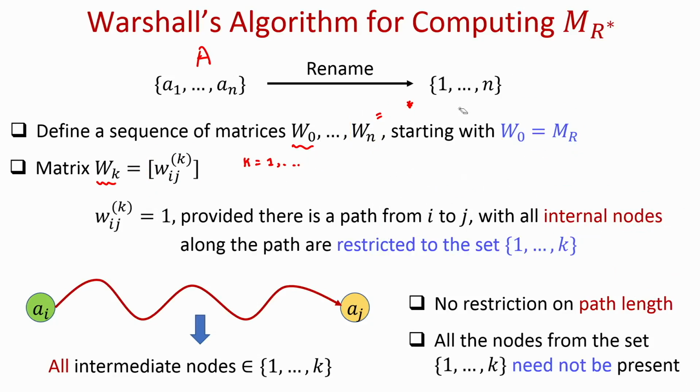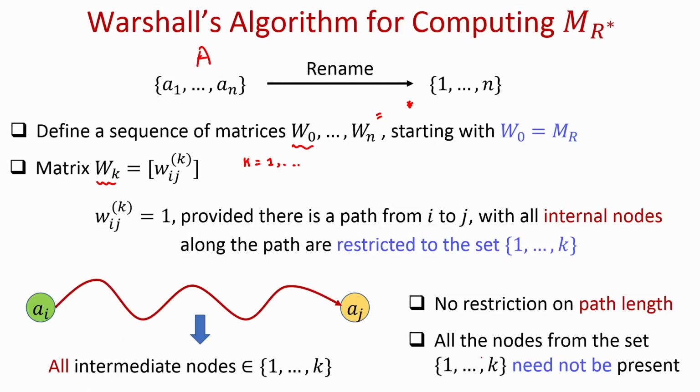The first one is, as I said here, there is no restriction on this path length. This path could be of length 1, that means it could be a direct edge, in which case it is not violating the condition, because the condition says that if at all intermediate nodes are there in this path, they can be only node number 1 or node number 2 or node number 3 or node number k.